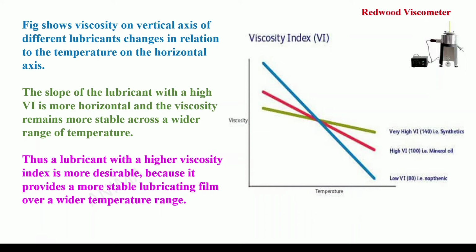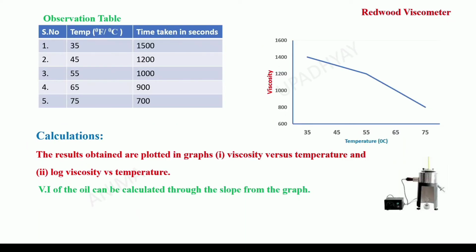So what do we conclude? That a lubricant with higher viscosity index is desirable because it provides a more stable lubricating film over a wide range of temperature. Here also you can see that the viscosity index is high in this range, 35 to 55.